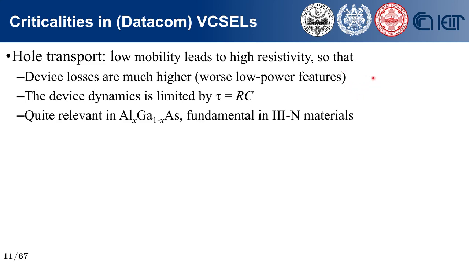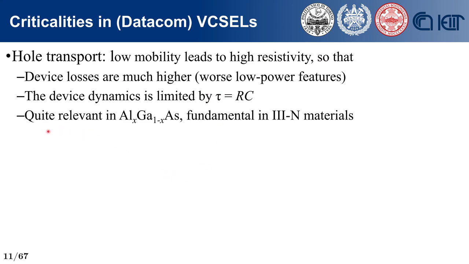What is important is having low power consumption and high speed, but this to some extent is incompatible with hole transport, because low mobility leads to higher resistivity, so more losses and a higher time constant of the device.